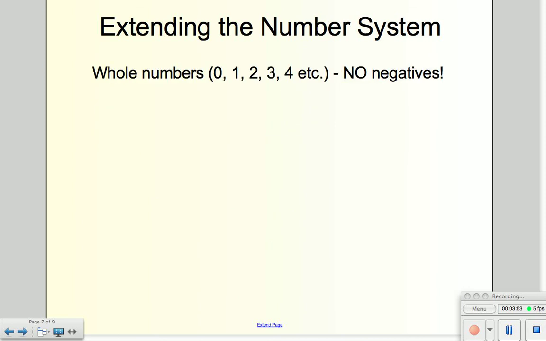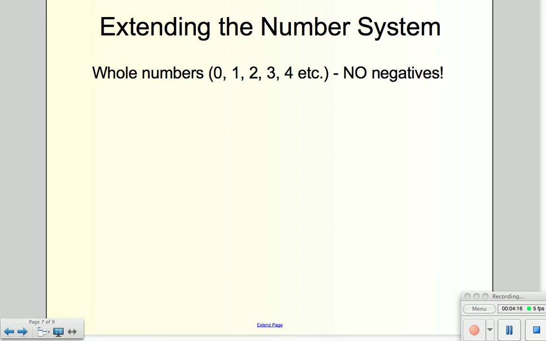Okay? So let's talk about some groupings of numbers now that we've talked about positive and negative numbers. When you're looking at whole numbers, these are numbers that aren't decimals or fractions. 0, 1, 2, 3, 4. They're numbers that are not negatives whatsoever. So when you say whole numbers, you're talking about numbers you can count on your hands or your toes or whatever. They're positive and there's no parts of it.